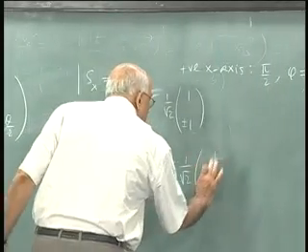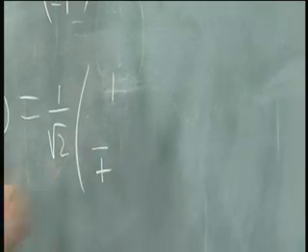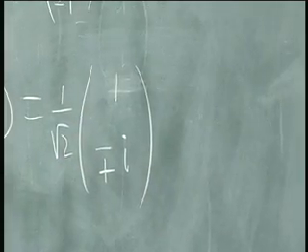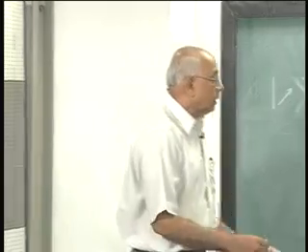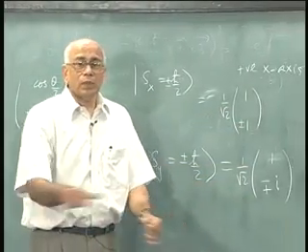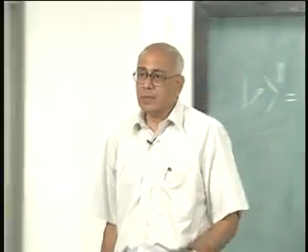So this is 1 with minus or plus i. So if you see such states, you instantly recognize that these correspond to eigenstates of the x and y components, but a general eigenstate looks like that out there.